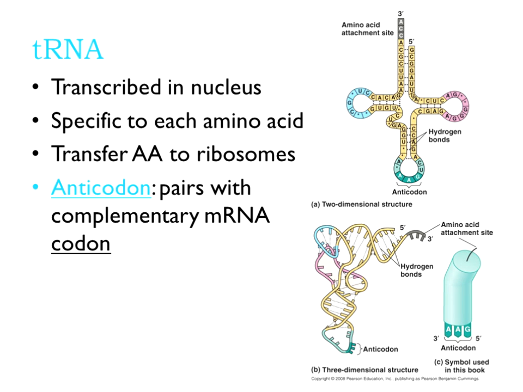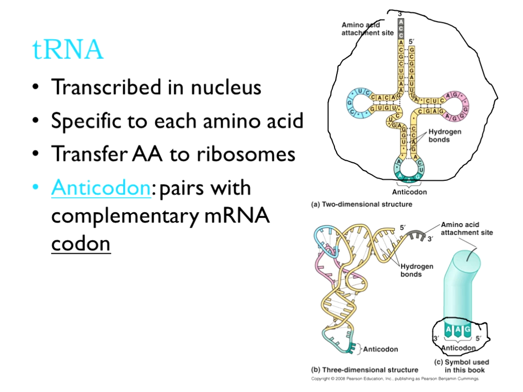Transfer RNA, this is what it kind of looks like all blown up. It's transcribed in the nucleus. It's going to be specific to an amino acid. It has an anticodon that is going to be specific to an actual amino acid, and so it's going to match or complement the messenger RNA codon.